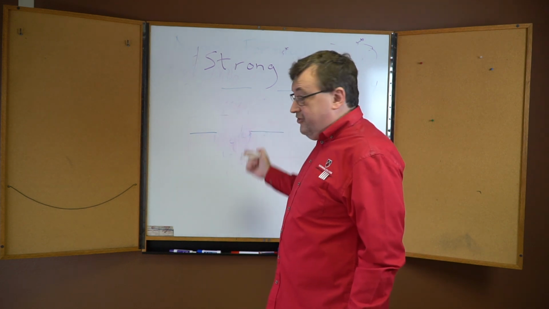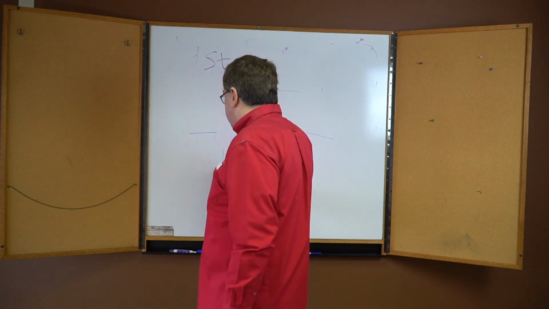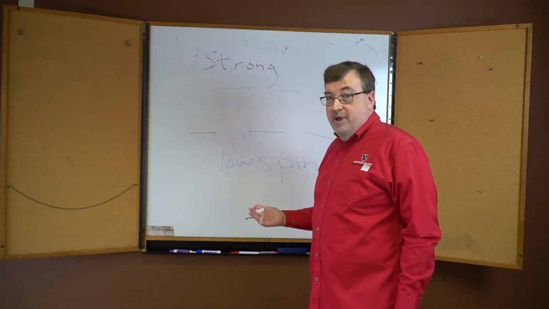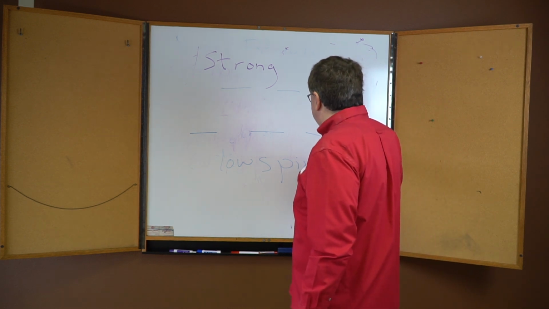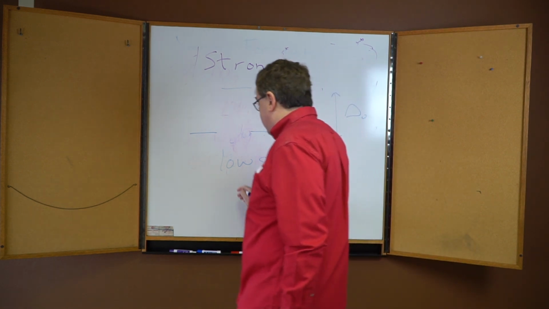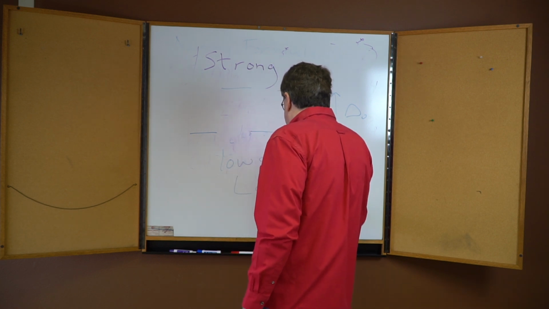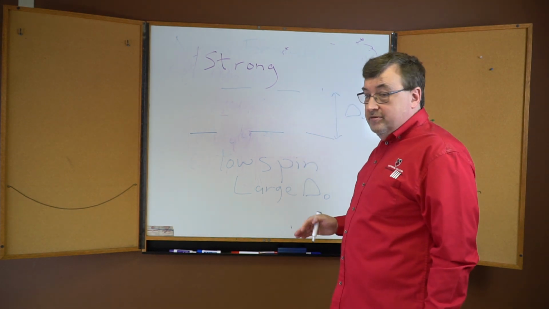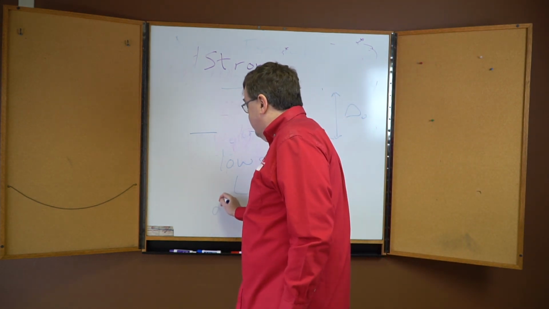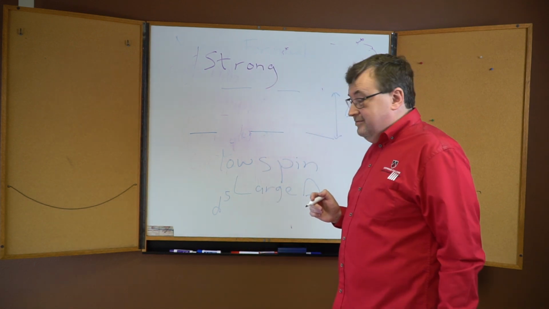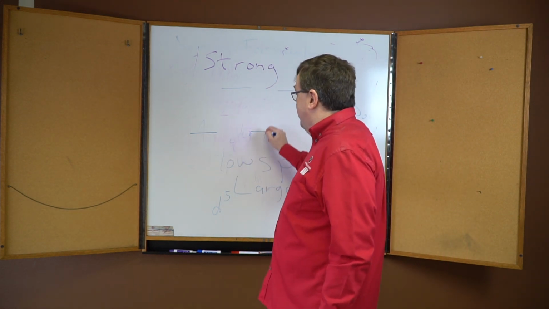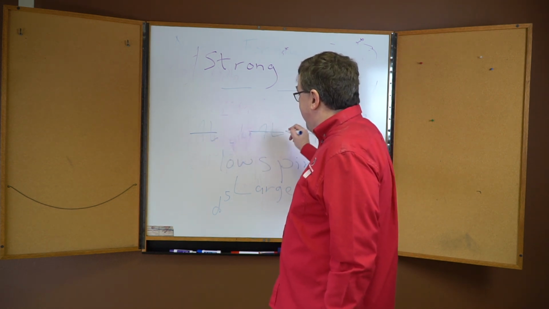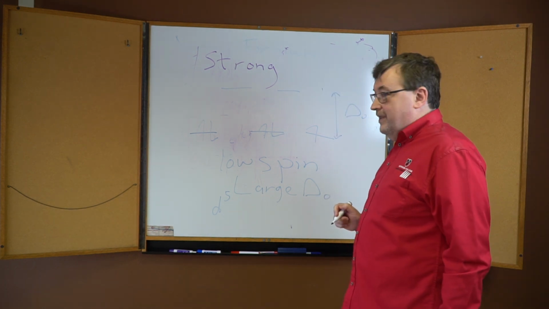With strong systems, 6 coordinate, you get low spin. With low spin, you have a large delta O. So if I have a D5 system, 1, 2, 3, dramatic pause, 4, 5.